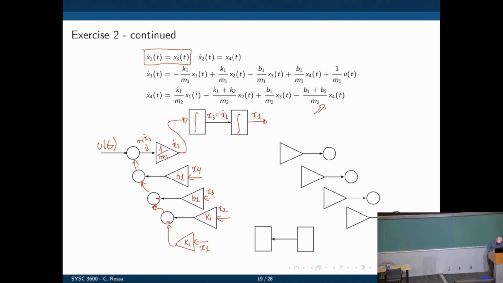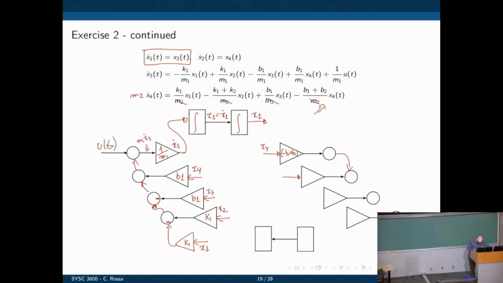We need to find somewhere X4. And X4 is multiplied by negative B1 plus B2. Again, multiplying both sides here by M2 for now, so we don't need to worry about it. That is going to be added to X3 times B1, that's this term.